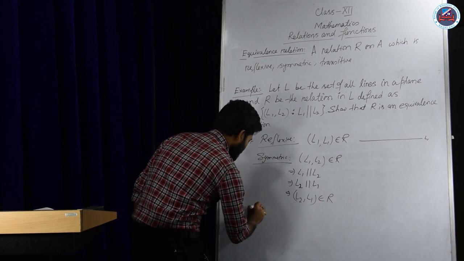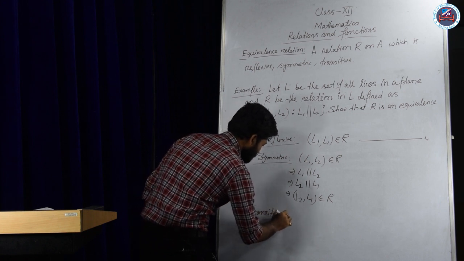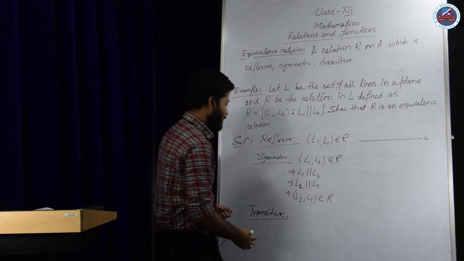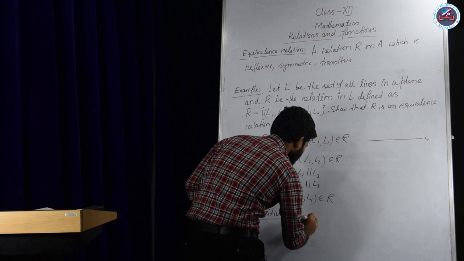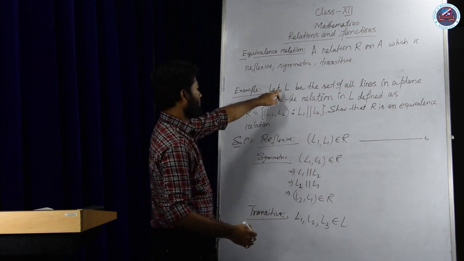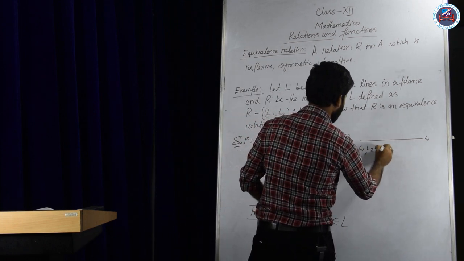Next, let us check the transitivity. For showing transitivity we need three lines. So let L1, L2 and L3 belong to L, that is the set of lines.